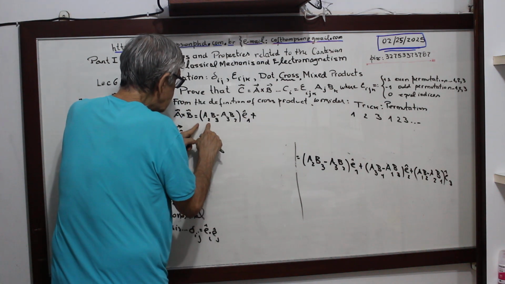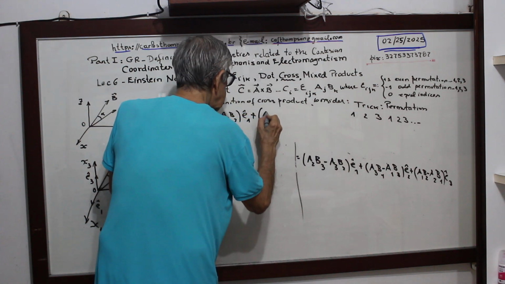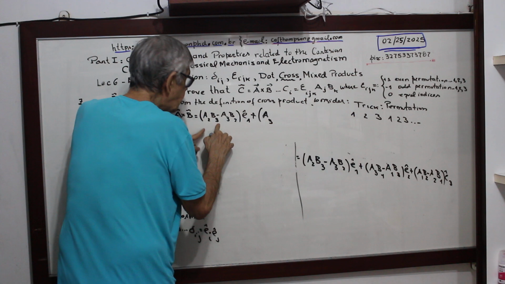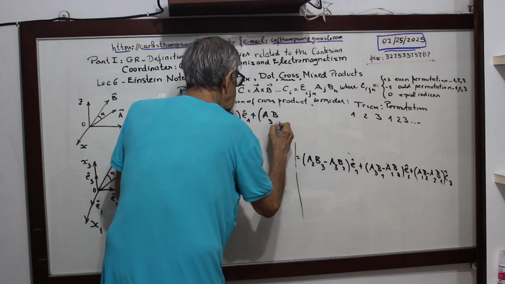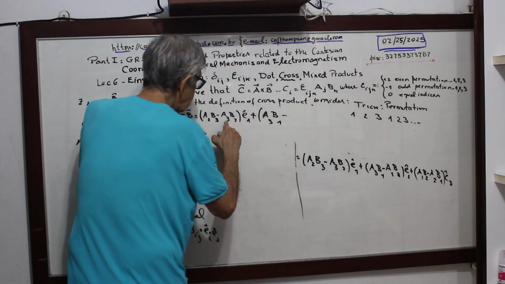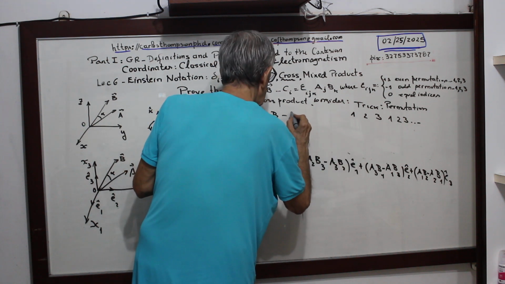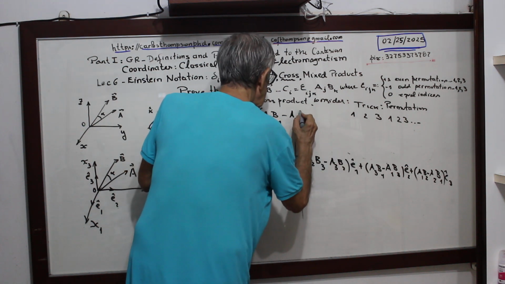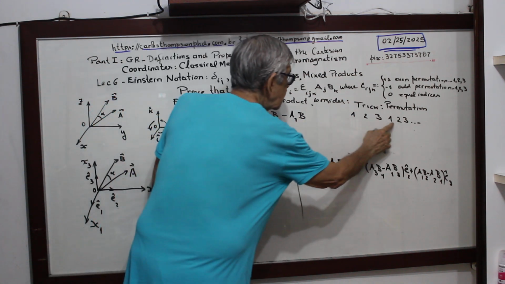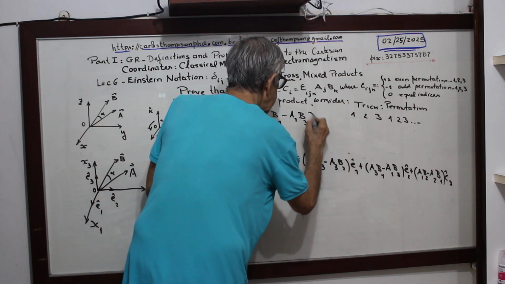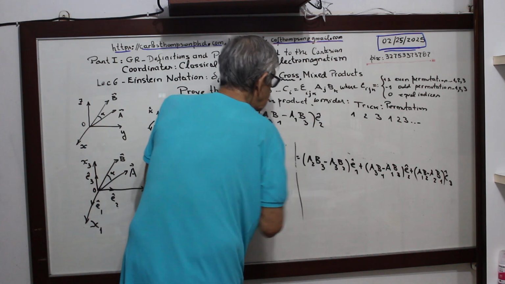Look, after 2 comes 3. Then I write A3. After 3 comes 1. This is B1. Minus 3 comes 1. I have A1, B, in this case, after 2 comes 3. You see, this is E1. The next one is E2.